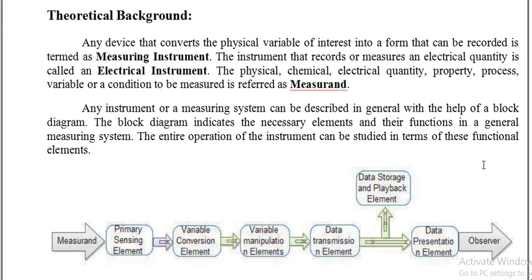Then there are other quantities which are derived from these fundamental and basic quantities, and those quantities are called derived quantities. Examples of derived quantities are force, which is a product of mass and acceleration; then pressure, the force per unit area; and similarly speed, the distance covered in unit time.